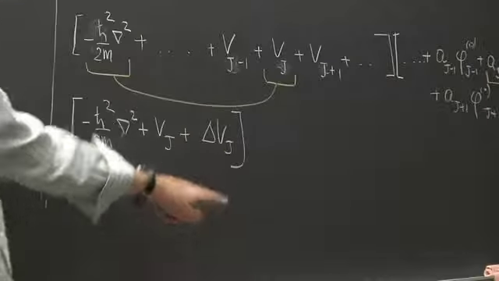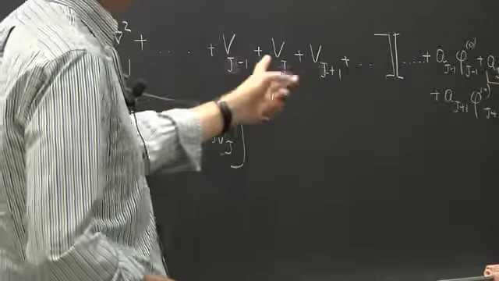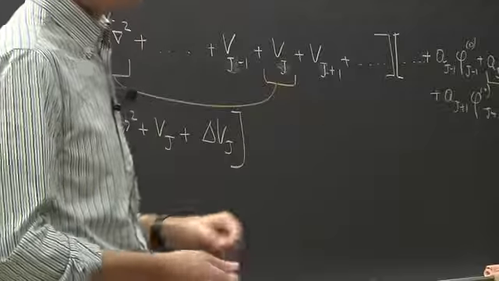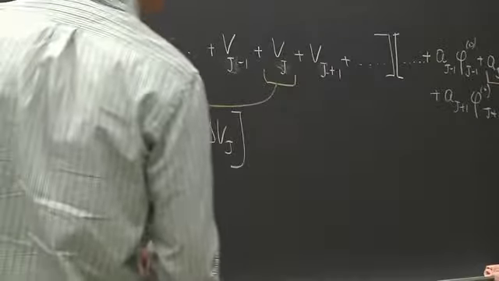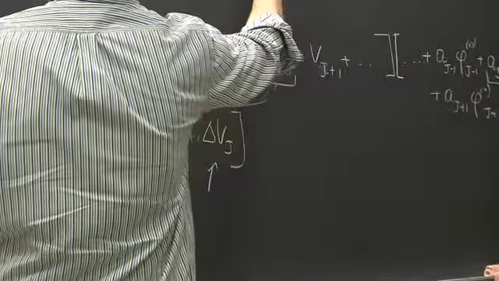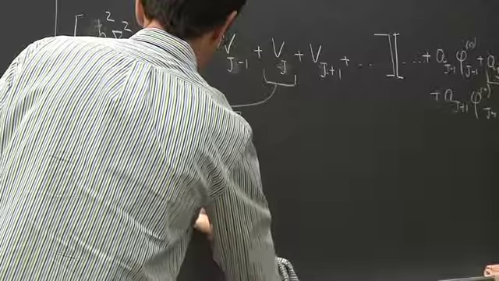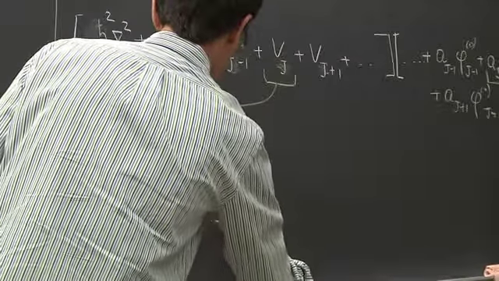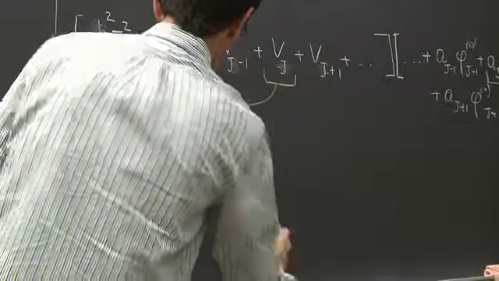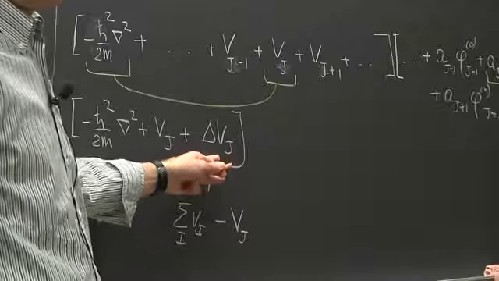What do I mean by delta Vj? I mean the full potential minus Vj, right? So by definition, this is the full potential, this one, so sum over I of Vi, minus the specific term Vj that I extracted out. And I call it delta Vj. Just give it a name, define it.